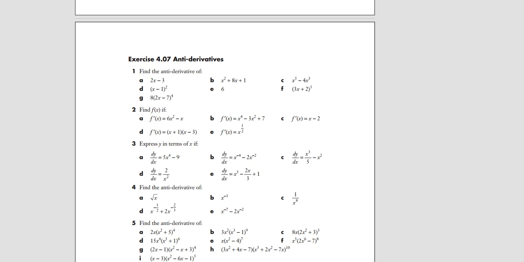What will you do? Correct? So let me go back to the whiteboard. And the question is, what is the antiderivative of 6?